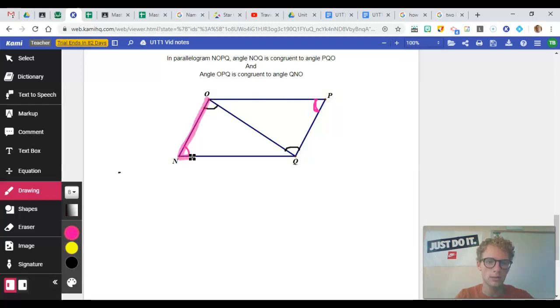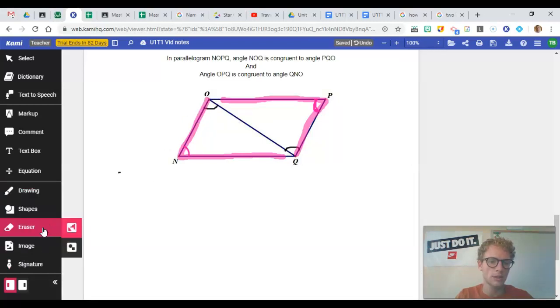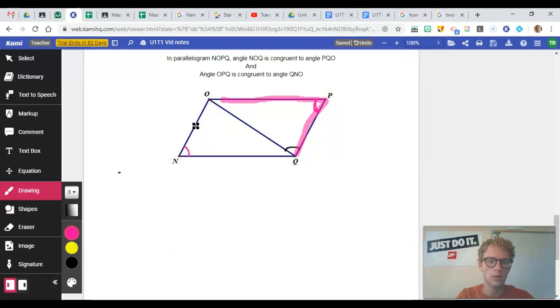This angle is congruent to this angle. So we can see here, and you can even back this up just a little bit so that it's not the whole thing, that this angle is congruent to this angle.